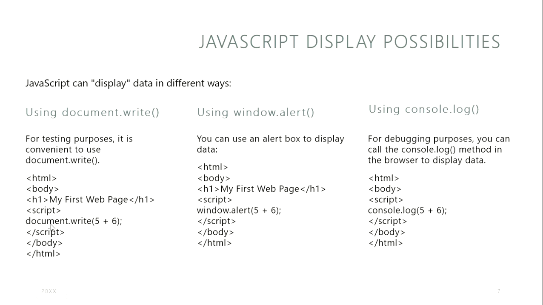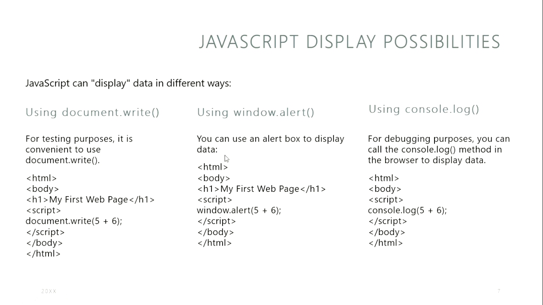So these are the script tag in which we are going to write our JavaScript. So here we have written document.write, then parentheses, and the content that you need to display on your web page. So whatever content you define over here is displayed. For example, over here 5 plus 6, so 11 will be displayed on your web page.